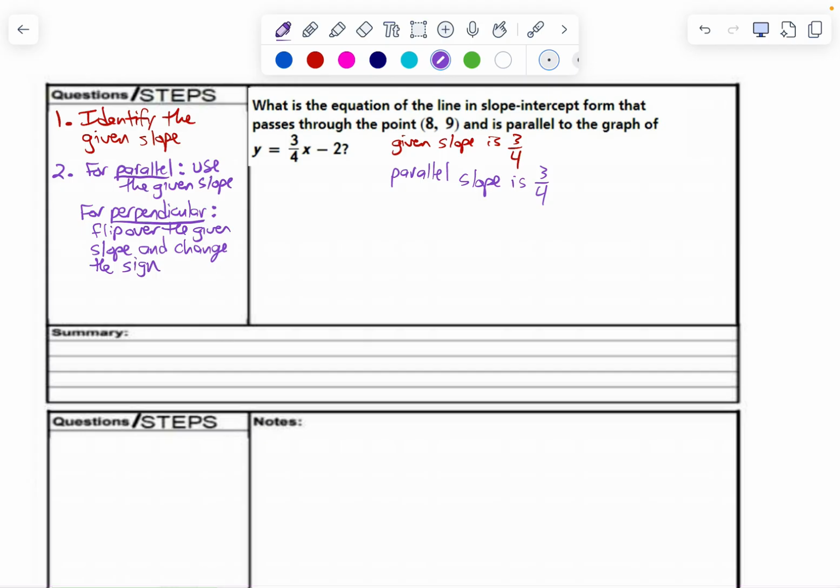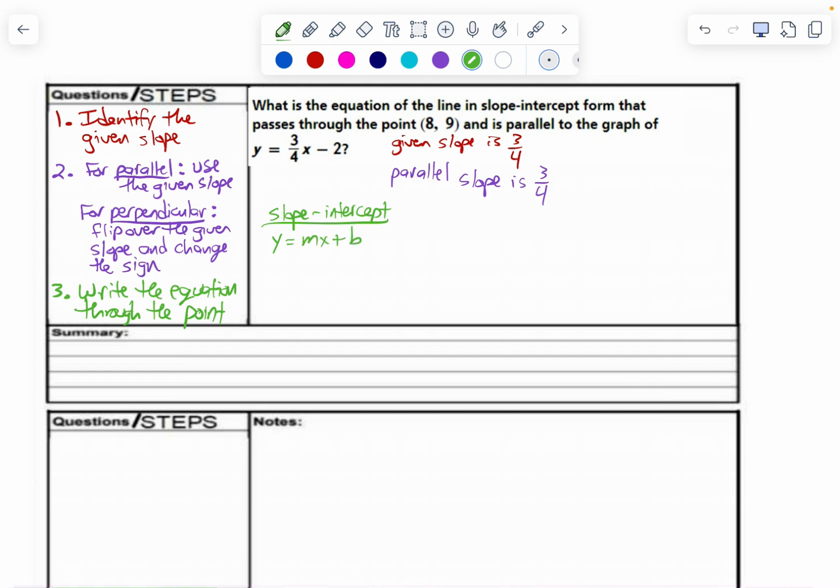Okay. So step 3, write the equation through the point. Now that depends on what form you're doing. So let's do slope intercept form and point slope form just for a demonstration. Okay, we write y equals mx plus b.